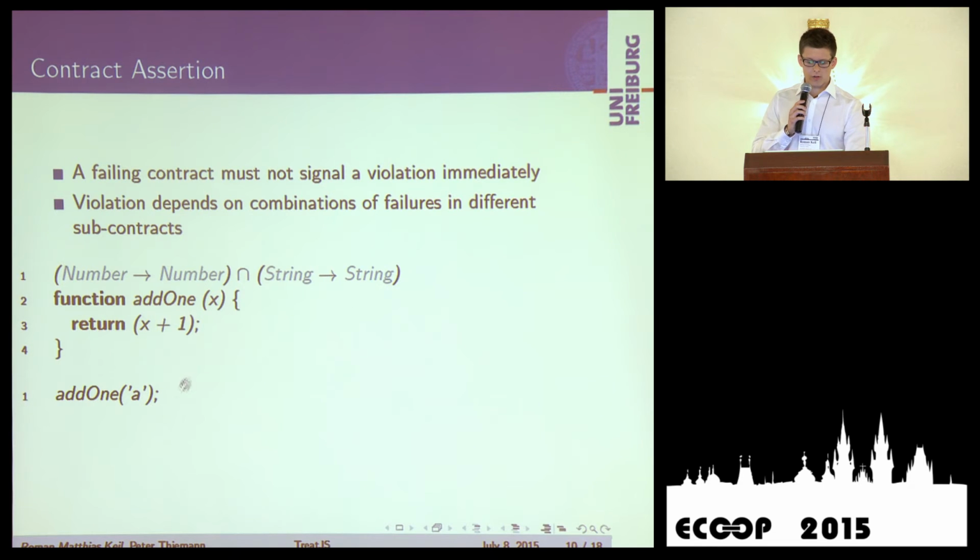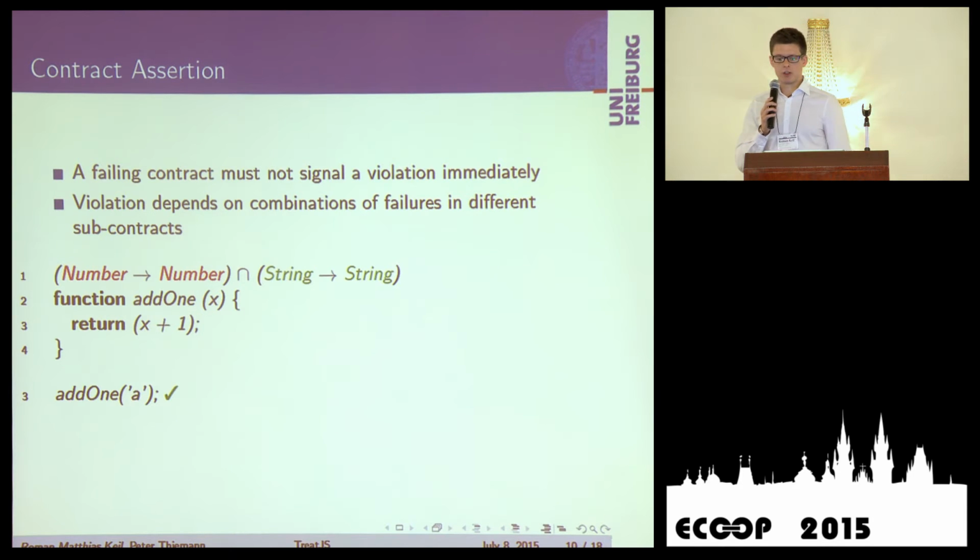And if we call this function with a string A, the left function contract fails and blames its context for providing a wrong argument, but the right contract succeeds. And in this case, because the context of an intersection may choose either to fulfill the left or the right side, the contract is satisfied.